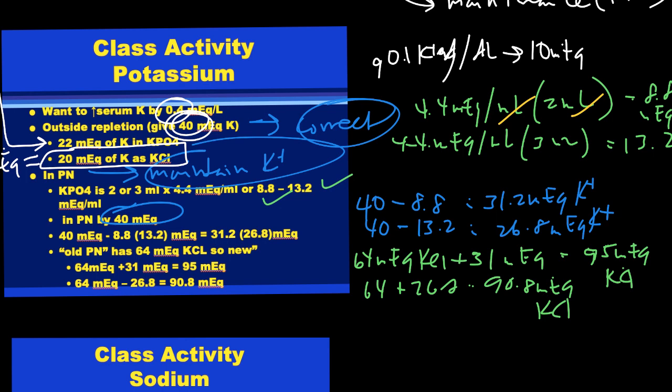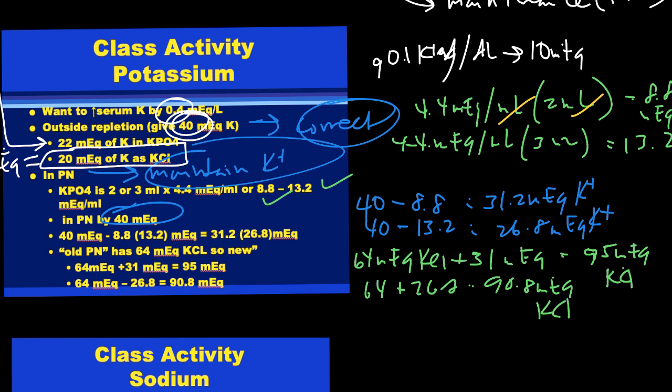To give them the maintenance dose of potassium, to maintain him at the 40, you already know that you gave him 2 or 3 milliliters of potassium phosphate. That's equivalent to 8.8 or 13.2 milliequivalents of potassium, based on the 4.4 milliequivalents per milliliter concentration.